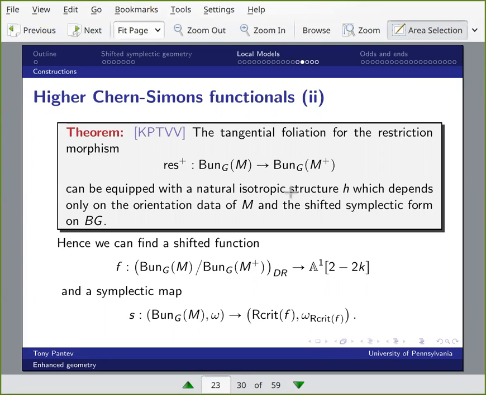On the other hand, people like Joyce write some invariants for 4-dimensional Calabi-Yau. What to do with even dimensional things?